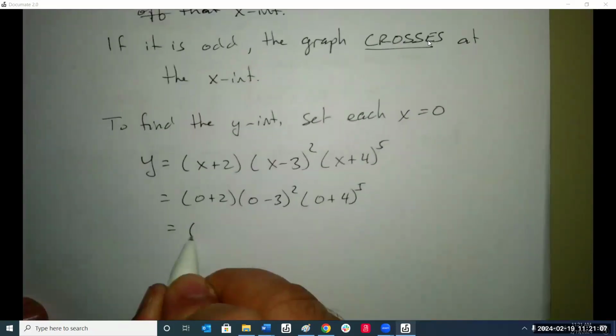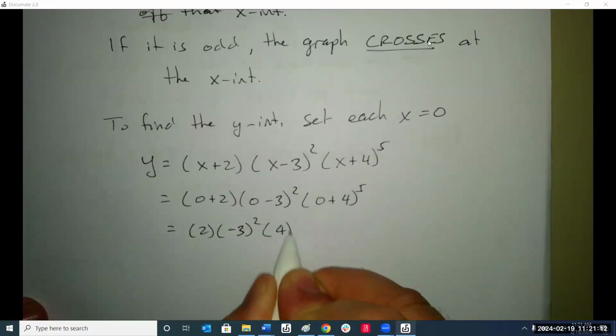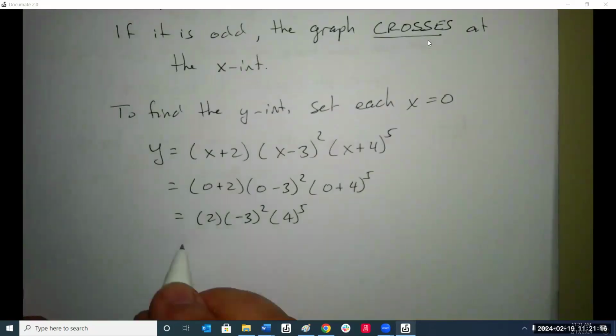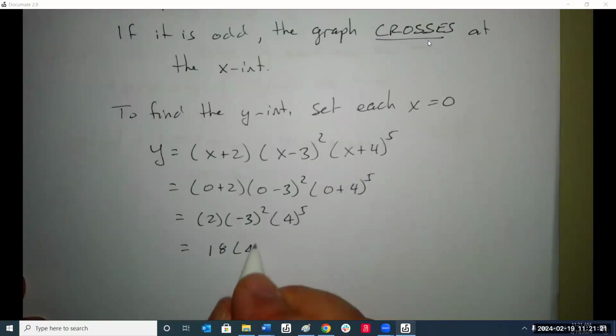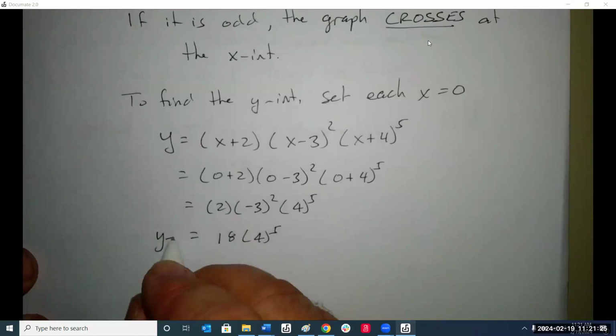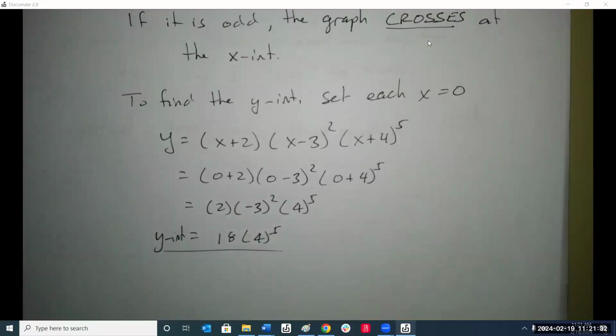So we have 2, -3 squared, 4 to the 5th, and whatever that's gonna be. It's 9 times 2 is 18 times 4 to the 5th. That's what my y-intercept's gonna be. All right, and then once you find that, you plot some points, and then that'll help you through it.